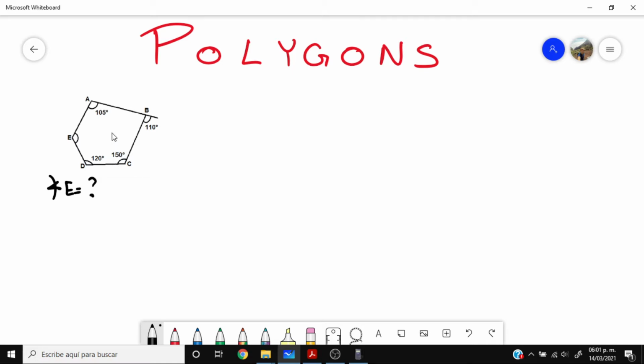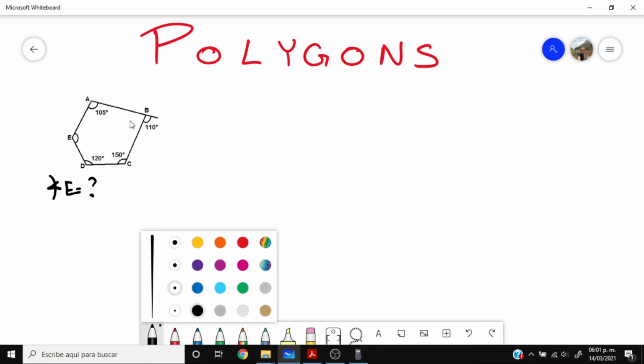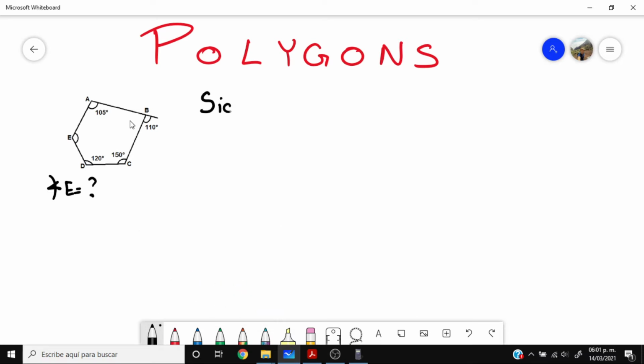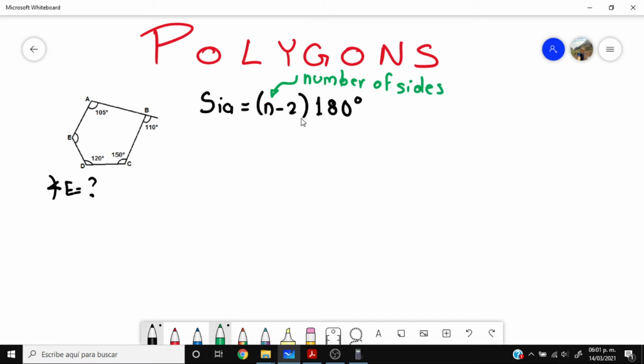There are many ways to do it. There is a formula that says the sum of the interior angles in a convex polygon equals (n minus 2) times 180 degrees, where n is the number of sides. With this formula, we are going to see the sum of all the interior angles in this polygon.